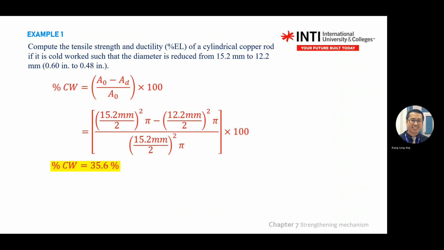What is the area? Yes, it's pi r square. But what is r? When you square, what do you get? Pi d square divided by 4.